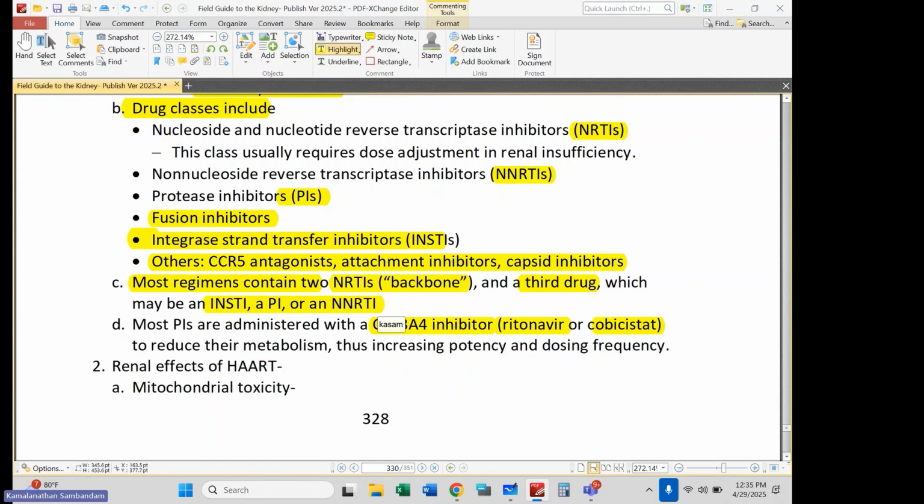non-protease or non-cobicistat containing regimens when you're managing patients who also need calcineurin inhibitors, the classic of which is the HIV positive patient who undergoes kidney transplantation. You have to get them off these drugs. Or, if you're managing a membranous nephropathy and you're thinking about calcineurin inhibitor therapy, you'll need your HIV colleagues, your ID colleagues, to get them off these boosters so you can safely use these drugs.